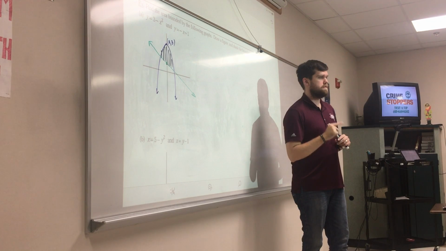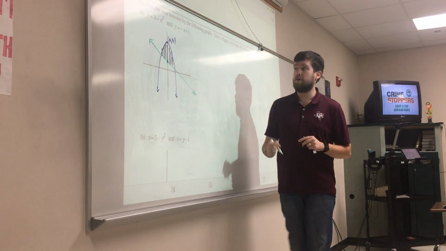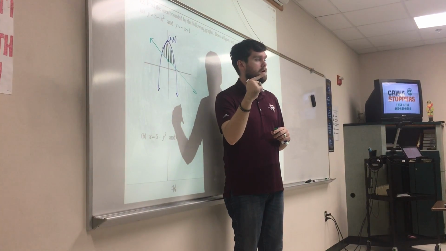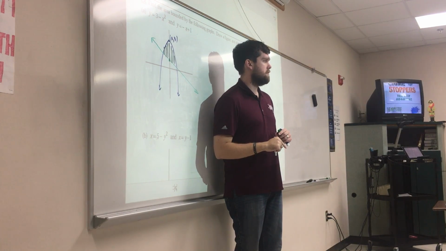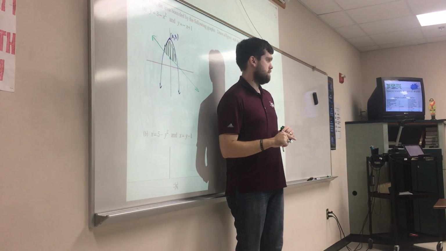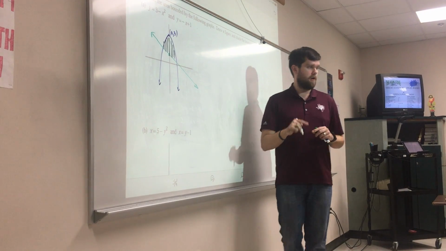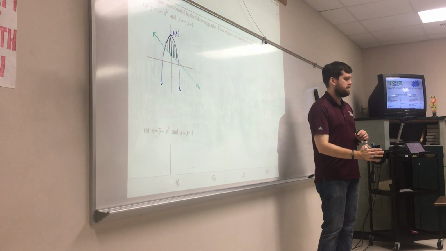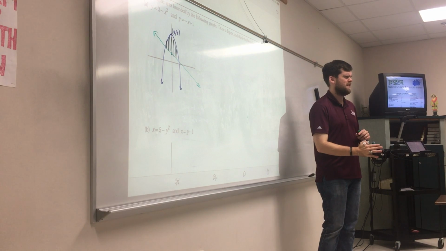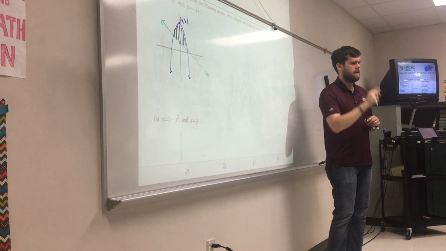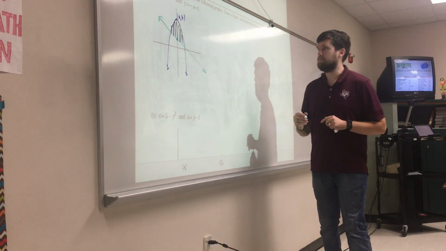Do you see it? That's a very important point, because if at some point I hit a different top function or a different bottom function, now we have to use two integrals, because our top function and our bottom function always have to be the same in the same integral. Does that make sense? Okay, it will later on when we work a different problem.